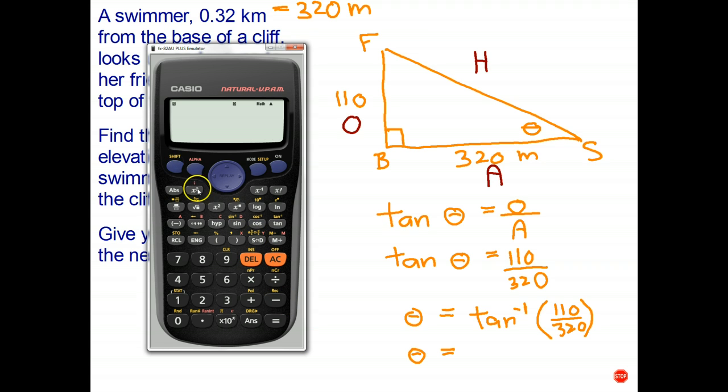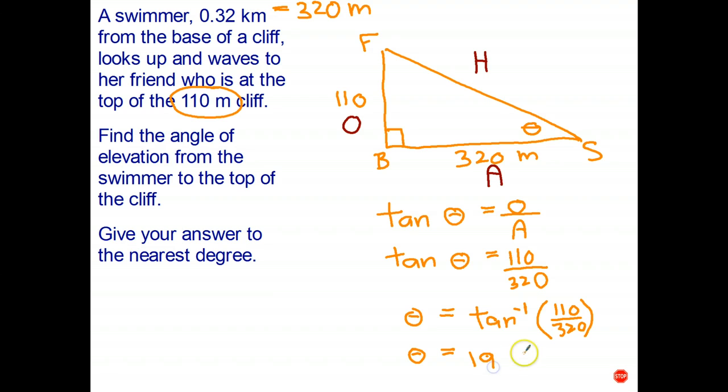So shift tan, fraction, 110 over 320. And we're going to do this to the nearest degree. So we get 18.97. So therefore, the angle of elevation is 19 degrees.